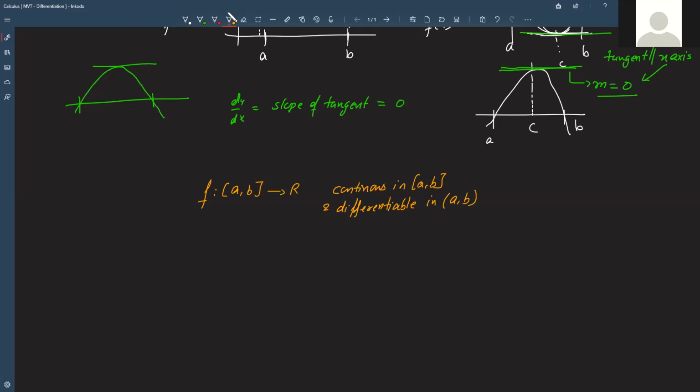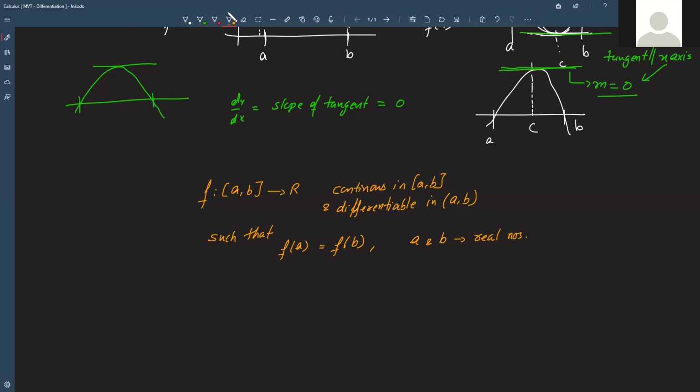But the function is defined such that there are two points a and b, for which f of a is equal to f of b, where a and b are obviously some real numbers.